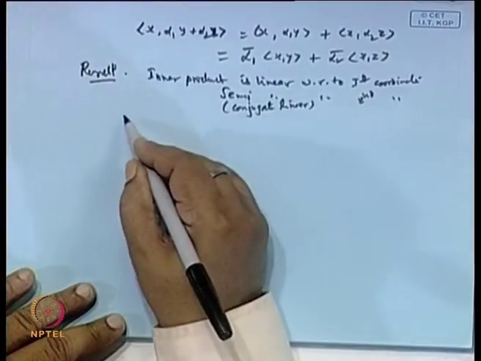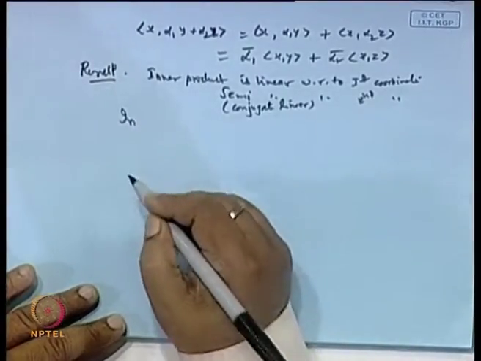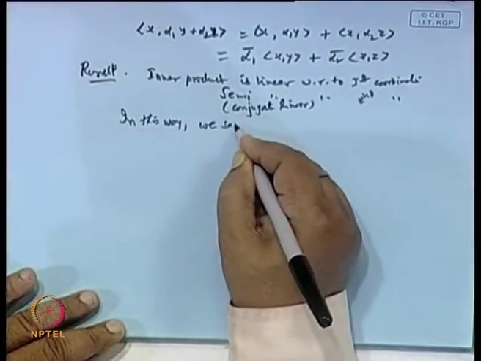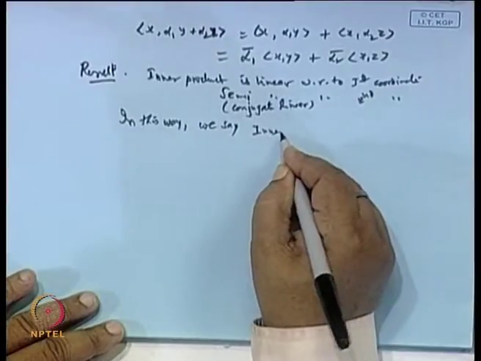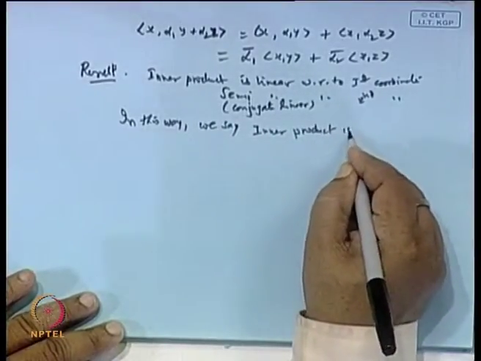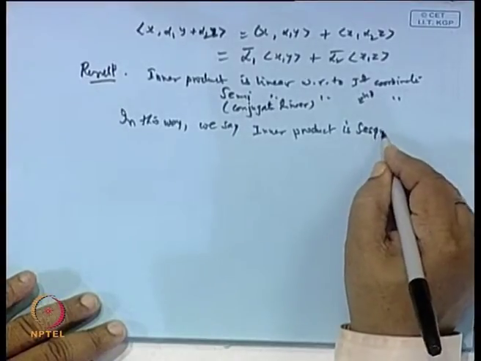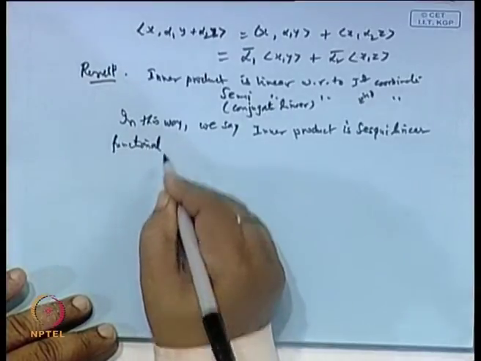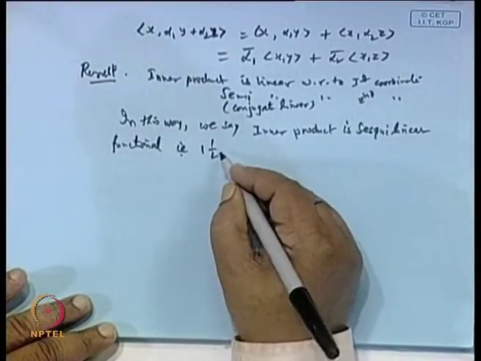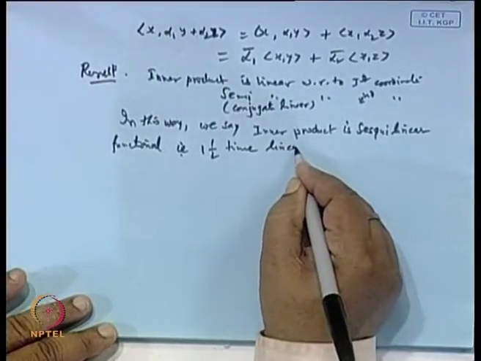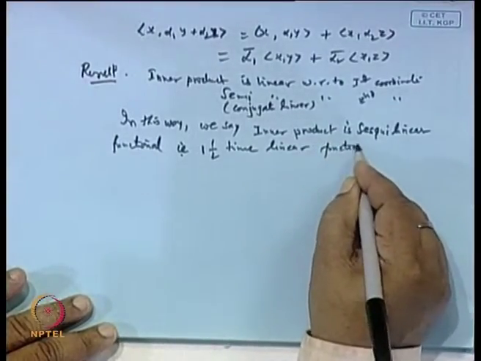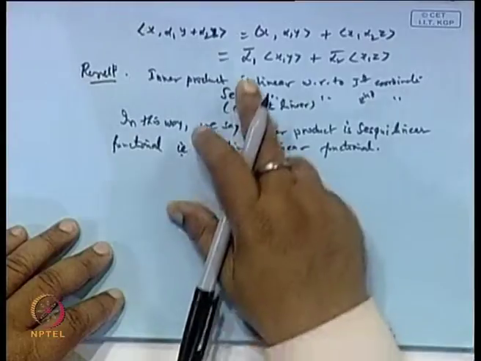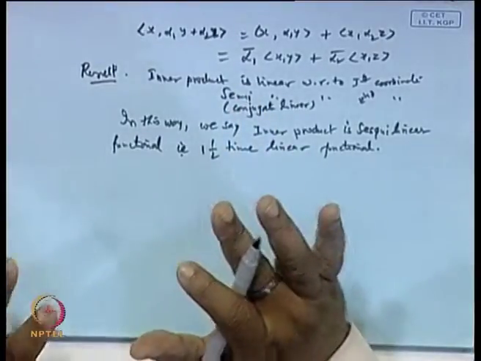So, if we combine both in this way, we say inner product is a sesquilinear functional, that is, 1.5 times linear functional. Is it clear? Functional means its value is a scalar. So, this is an example of a sesquilinear functional.